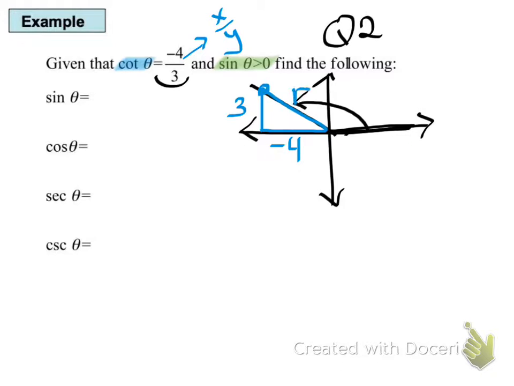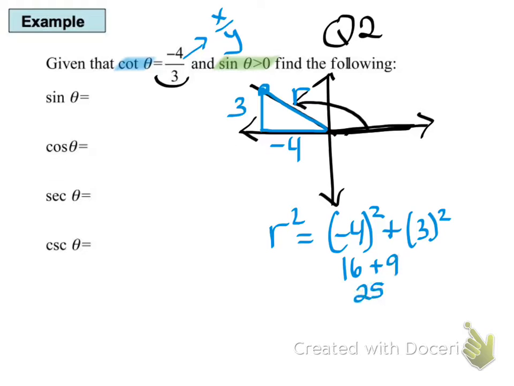So now I'm going to find my sine, cosine, secant, and cosecant. But in order to find sine, I need r. So I'm going to solve for r. I'm going to use the Pythagorean theorem. r squared equals negative 4 squared plus 3 squared. And I end up getting r squared equals 25. Therefore, r is 5. So now I have my r value. With my r value, I can now find sine, cosine, secant, and cosecant.